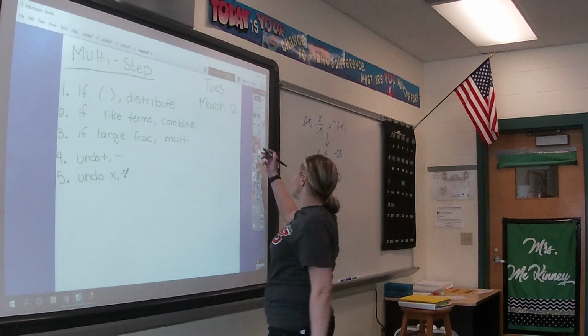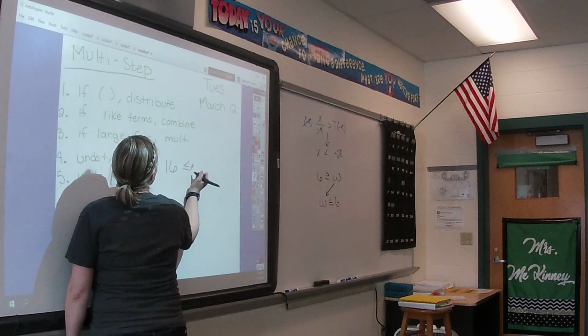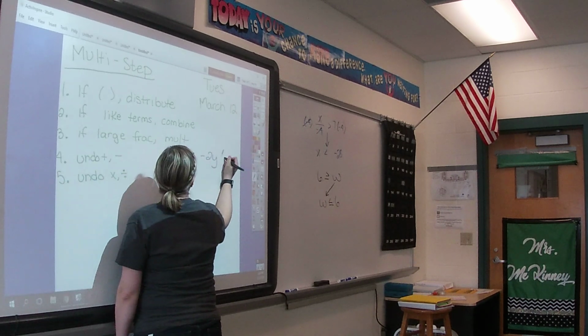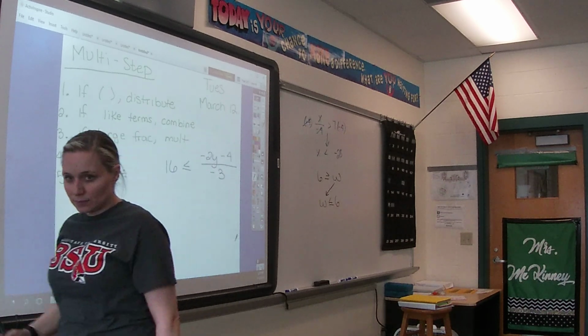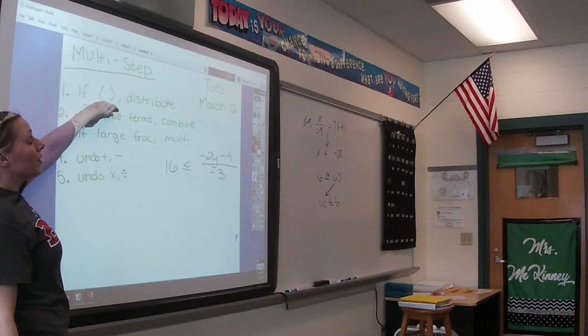So for example, let's look at this. 16 is less than or equal to negative 2y minus 4 over negative 3. Okay, so if we look at this problem, are there parentheses?